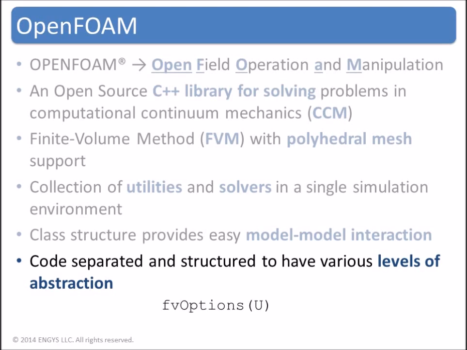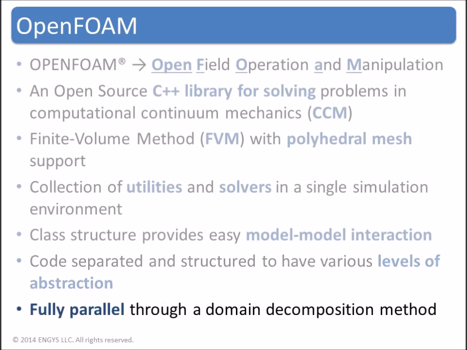For instance, with fvOptions, we can add different source terms on the fly. It's some of the newer functionality that's come in the last year or two. It's very nice for multiple reference frame and porous media flow. And then it is a library that is fully parallel through a domain decomposition method.